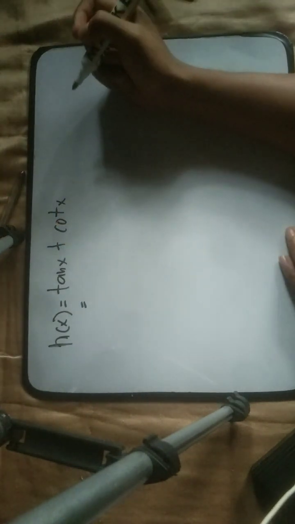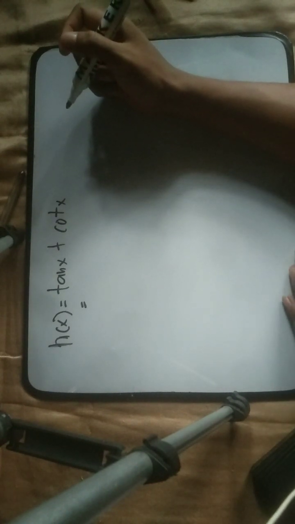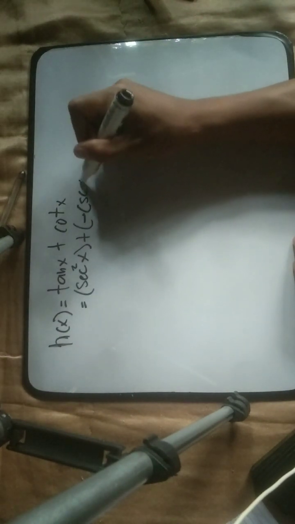The derivative of tan x, tangent x, is equal to secant squared x plus the derivative of cotangent, which is negative cosecant squared x.